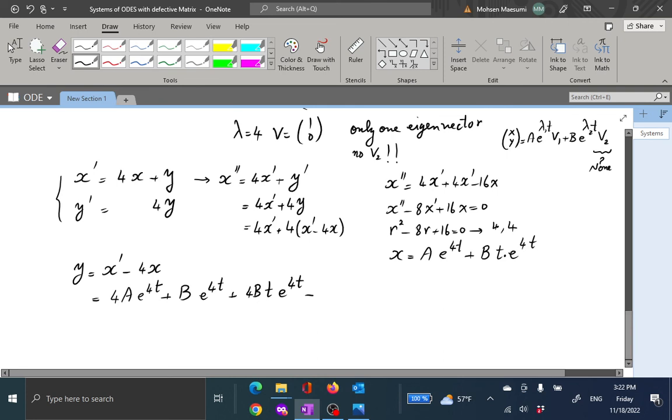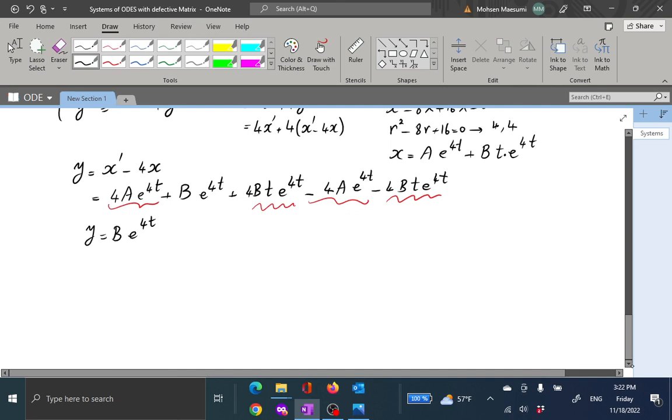Now minus 4x, minus 4a exponential of 4t, minus 4bt exponential of 4t. Well, pause for a moment and say it looks like there is a lot of cancellation here. This is canceling that, and all that is left is y equal to b exponential of 4t.